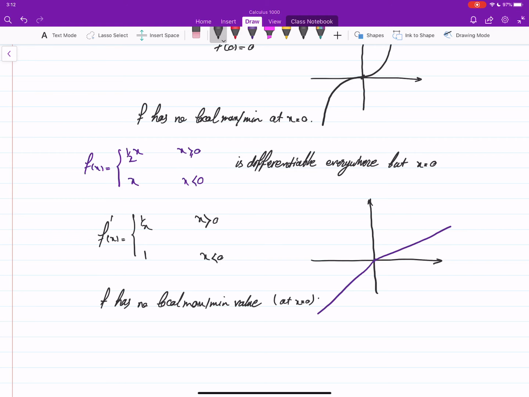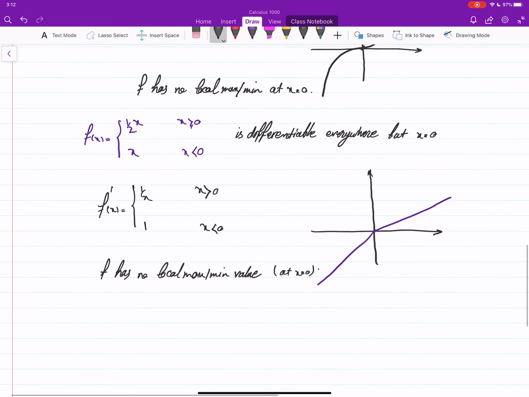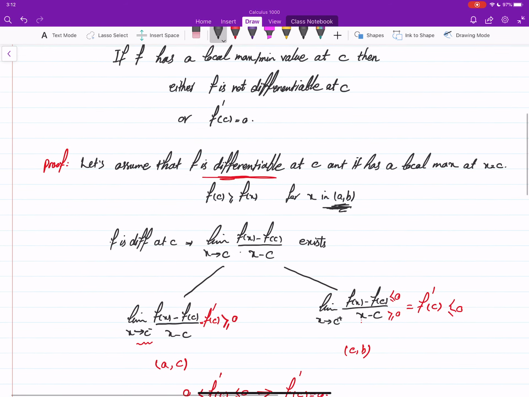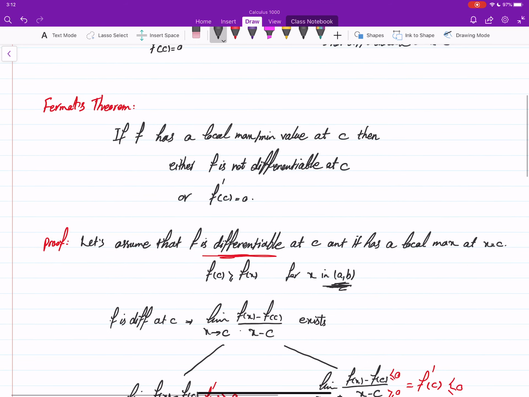What does this say? It says that we need to do a little bit more work. Fermat's theorem just gives us a candidate list of points which we can work on a little more to figure out which one gives us a local max and local min. It doesn't give us all the points at which we have local max or min.